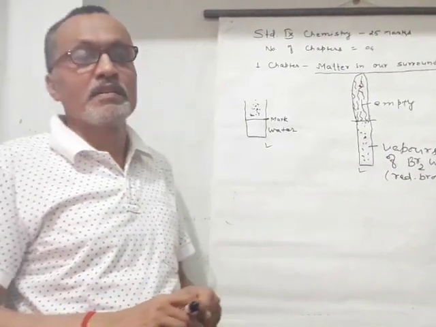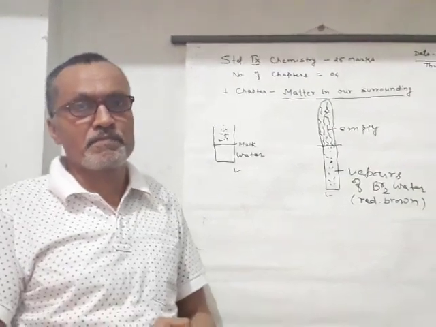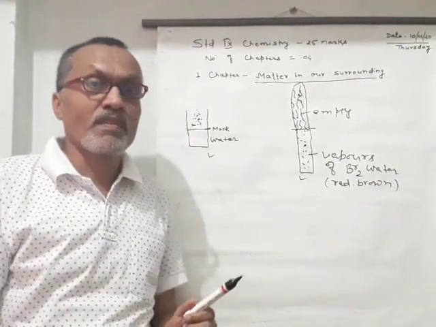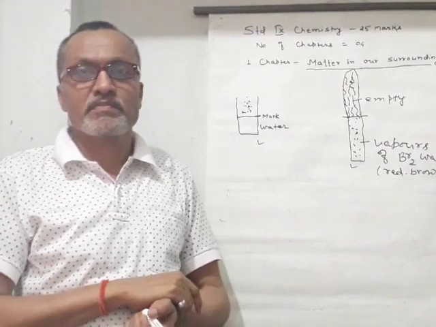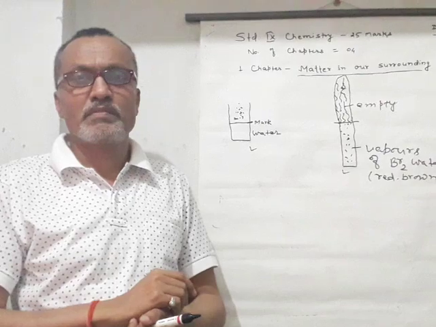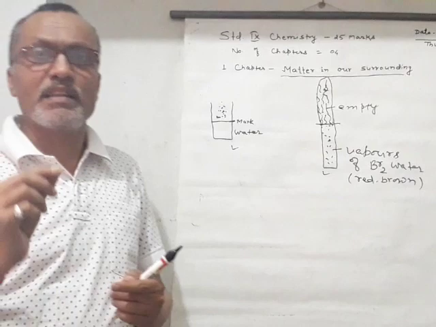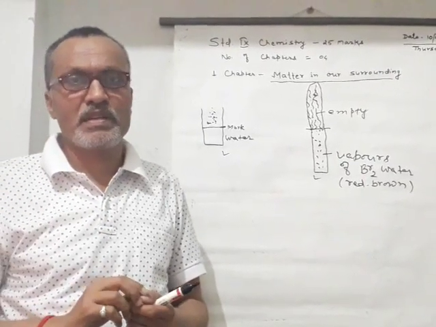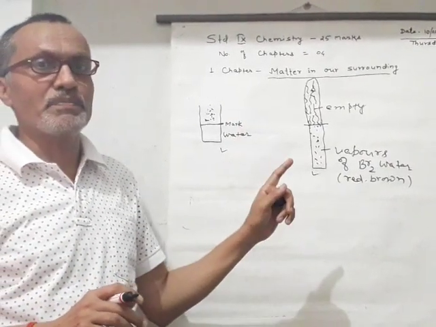Now third one, particles of matter are in continuous motion. Let me explain this. For this, take two incense sticks and burn them. One of them should be lighted, and the lighted incense stick you put in the corner of a room, and the unlighted incense stick put in another room.